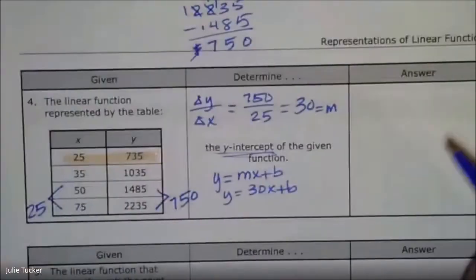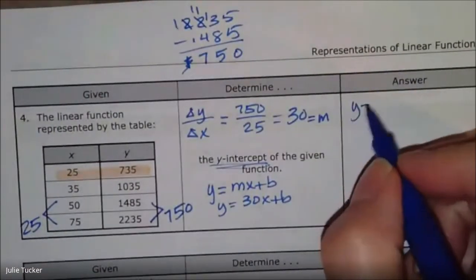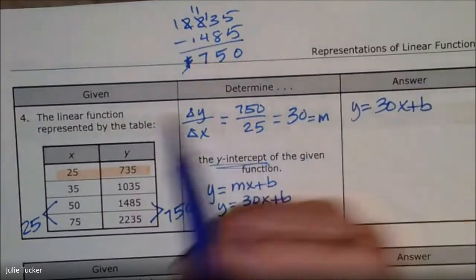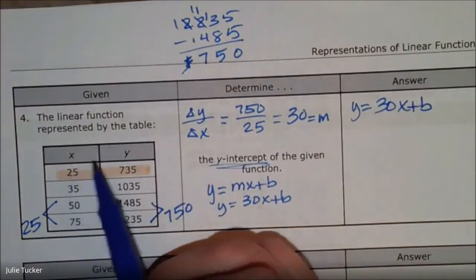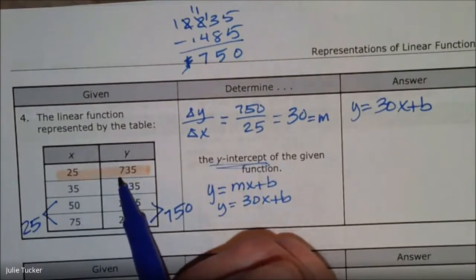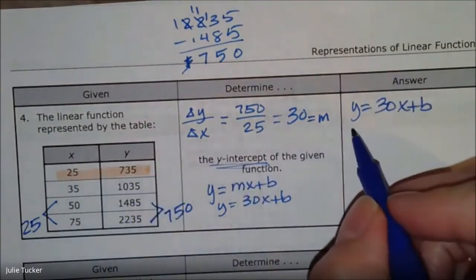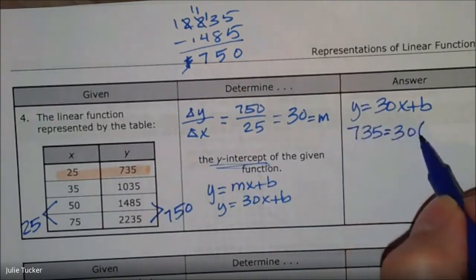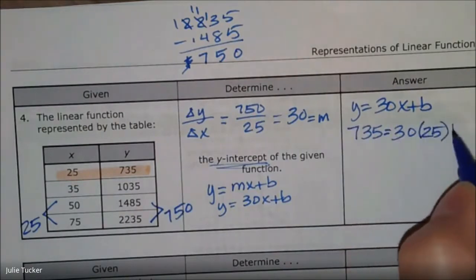Okay. So we're going to write y equals 30x plus b, and I'm going to replace that x with the 25 and the y with the 735. So that will be 735 equals 30 times 25 plus b.